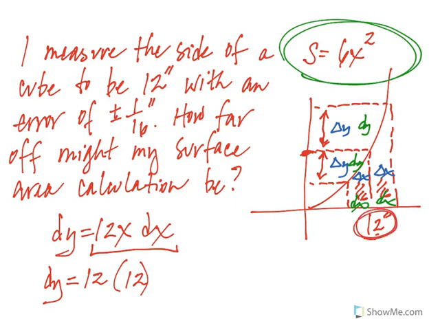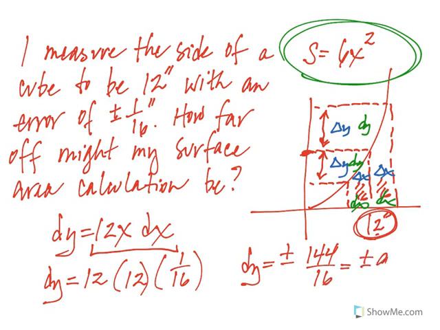I don't want to use 12 and 1/16. I want to use 12. But now my dx, that's where I use the 1/16. So my dy is either plus or minus 144/16, which is plus or minus 9 square inches.